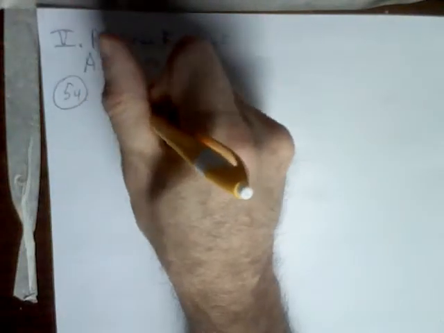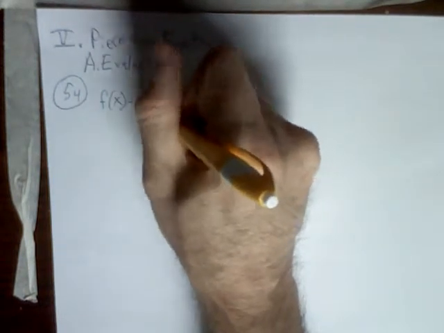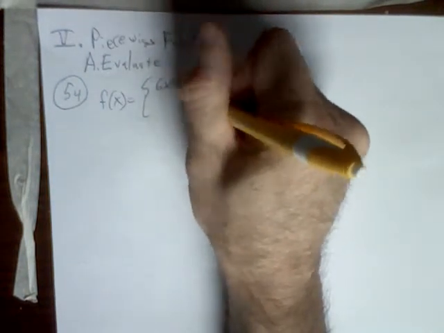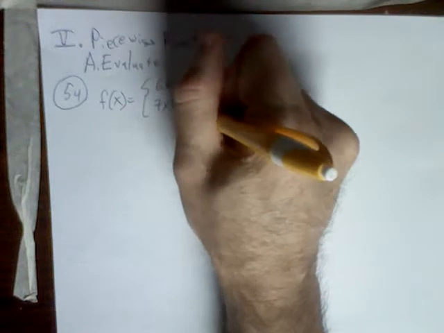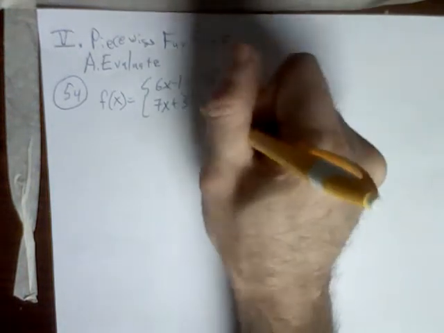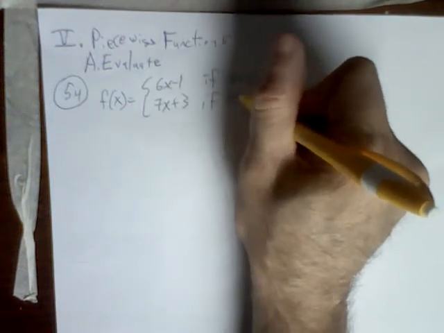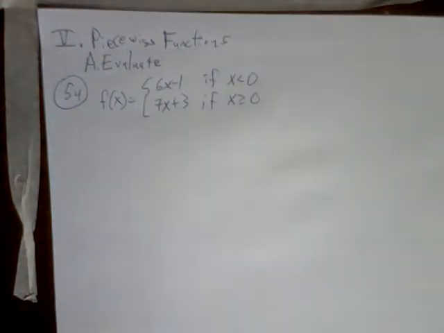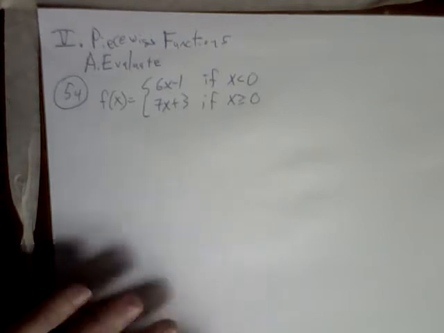Okay. Number 54. We have f of x equals 6x minus 1, and we have 7x plus 3. Here if x is less than 0, and here if x is greater than or equal to 0. We want to evaluate that thing.